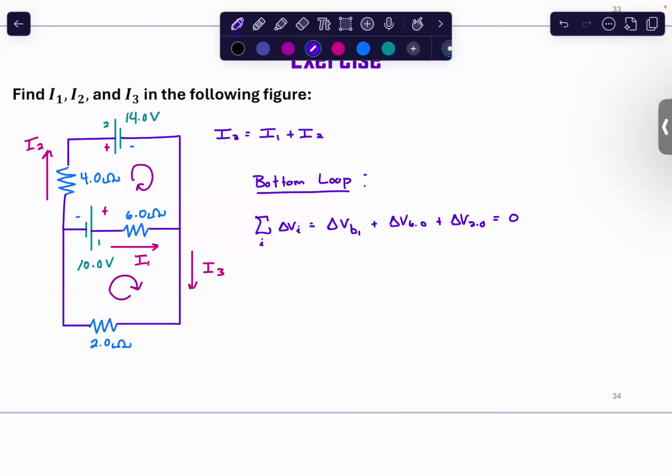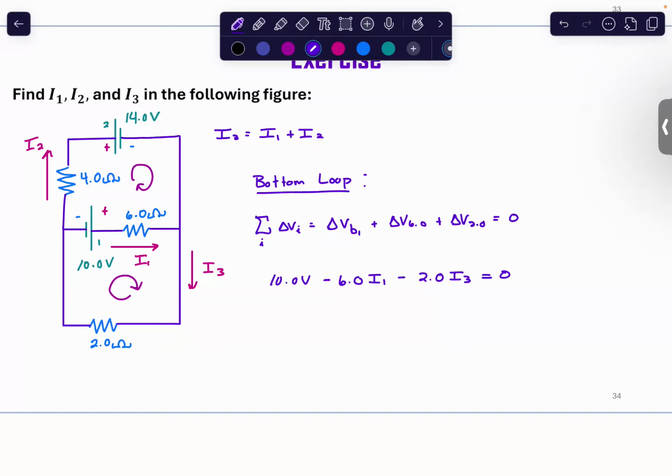Now, the way I'm going, you see how in that loop I go negative to positive on the battery? That's positive 10 volts. I go across the 6 ohm resistor in the same direction as I1, minus 6.0 I1. I go down and around, I go across the 2 ohm resistor in the same direction as I3, so minus 2I3. So there's that one.